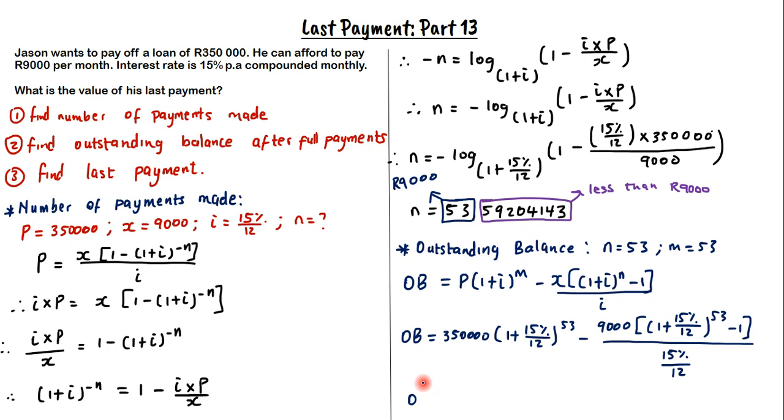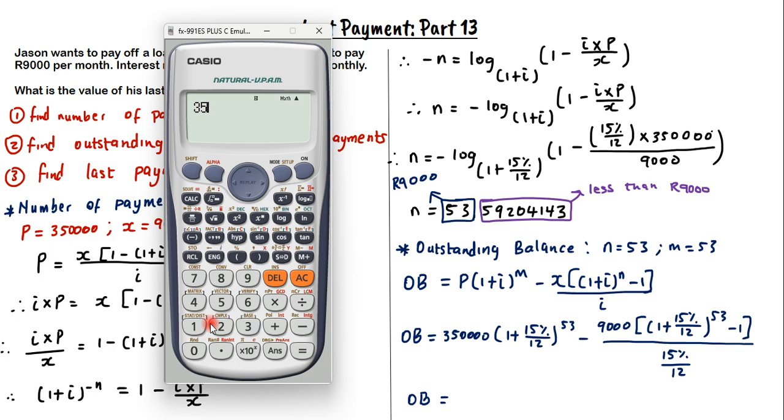Now our outstanding balance will then be, so I'm going to type it out, 350,000 rand into (1 plus 15% divided by 12) to the power of 53 minus 9,000 rand into ((1 plus 15% over 12) to the power of 53 minus 1) over 15% over 12.